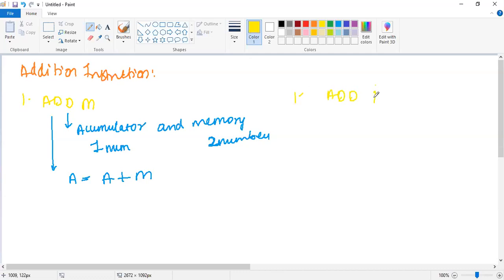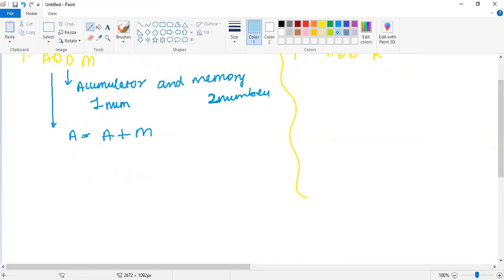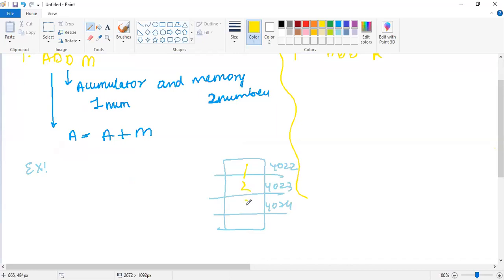After giving a theoretical concept for every instruction, you have to give them an example too. So you must take an example in this way. For example, let's consider the memory locations 4022, 4023, 4024, and let A be 5.